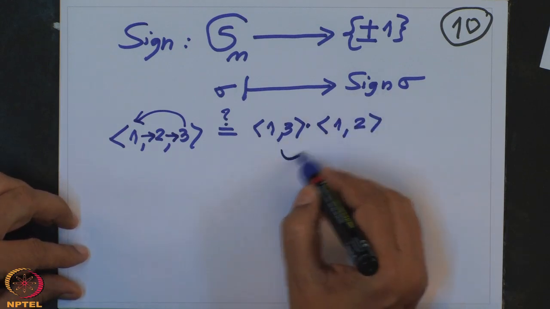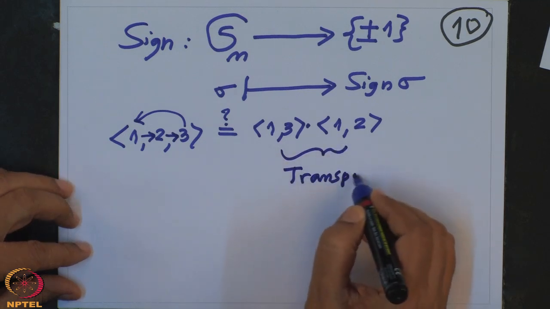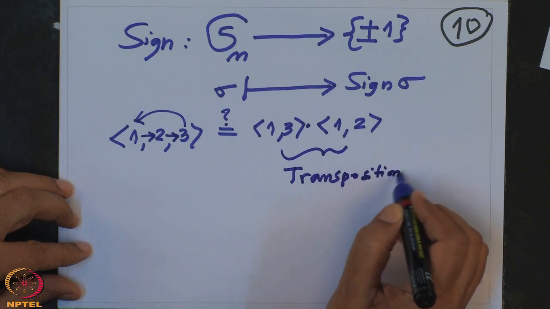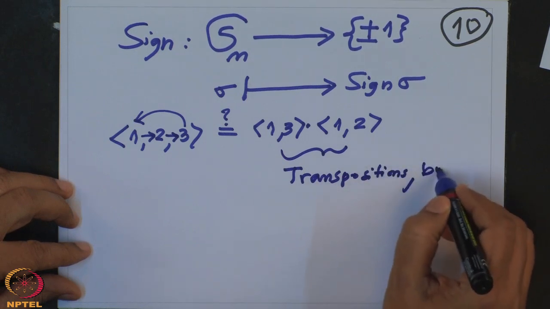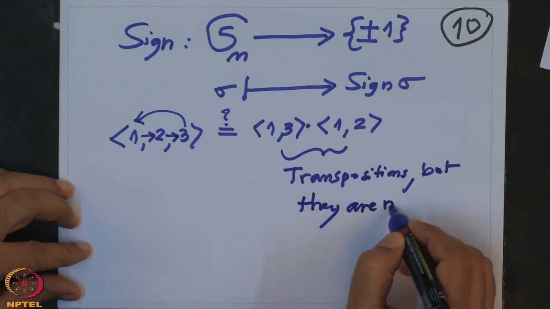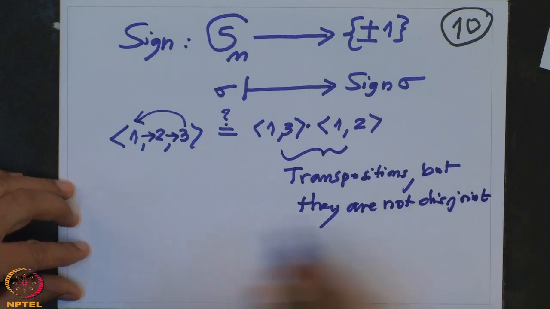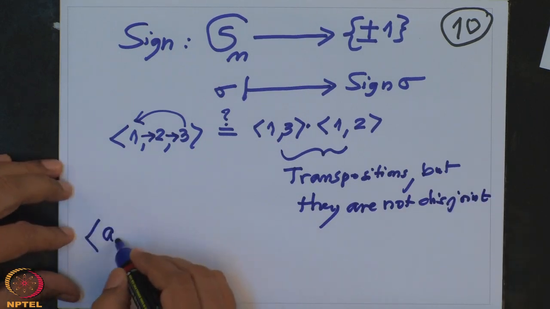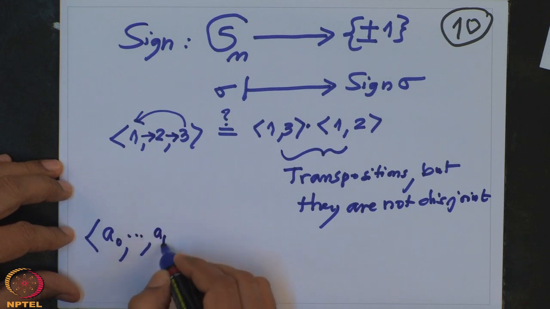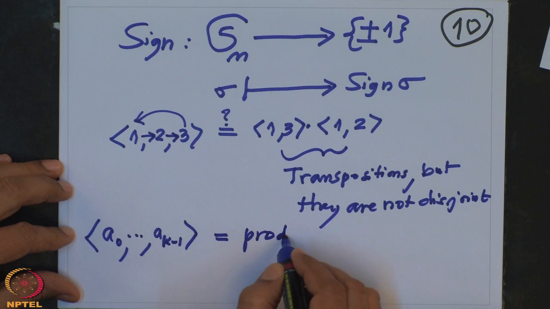But remember, these are transpositions, but they are not disjoint. Similarly, you can decompose any k-cycle into a product of transpositions.